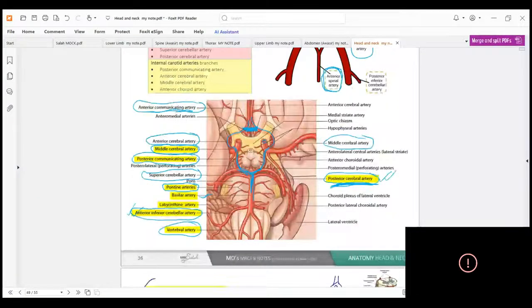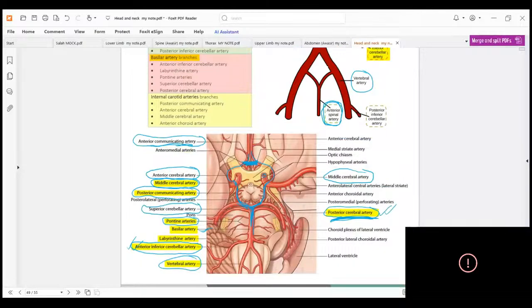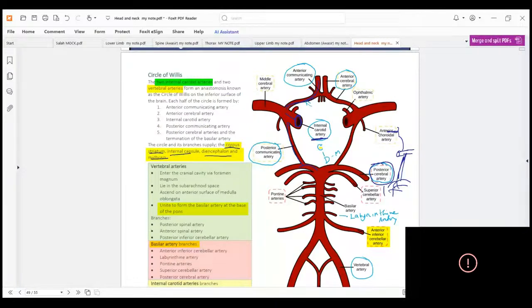Internal carotid gives the posterior communicating. The posterior cerebral is already a branch of the basilar. Okay, I got it.